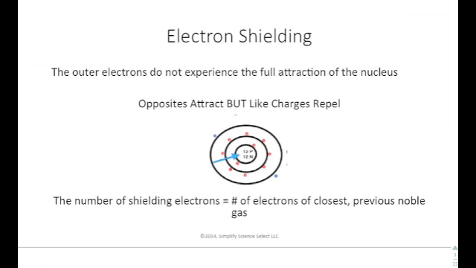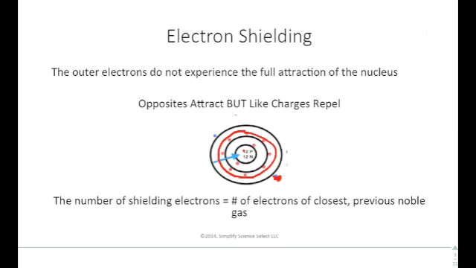If you were to look at one of these outer electrons, it doesn't experience the full attraction of the nucleus because there are negative charges in the way. So this electron right here doesn't experience the full 12 protons of the nucleus because there are 10 electrons in its way that get in the way of its attraction. So these electrons, we say, shield part of the positive charge of the nucleus.